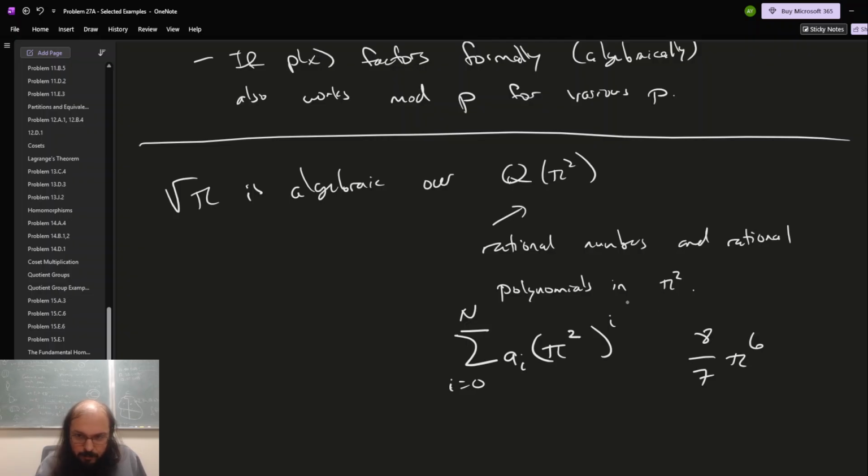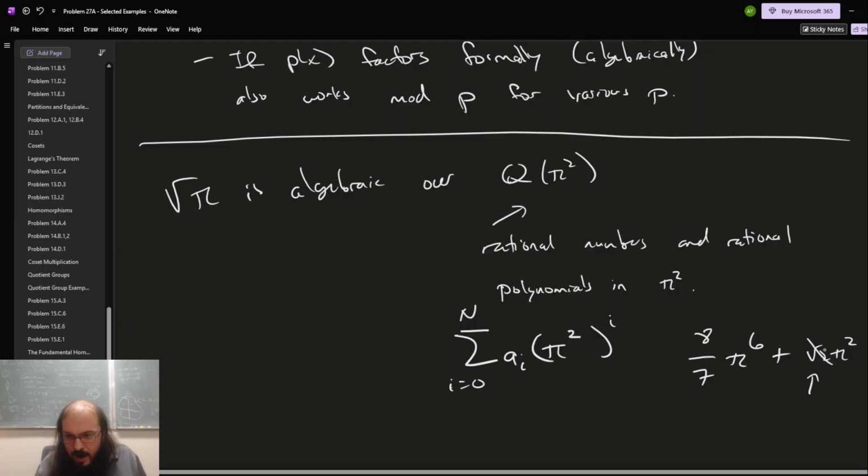This is allowed. But we can make it more complicated by adding in other things. But we can't do square root of 2 pi squared because this is not rational. That's not allowed. But otherwise, I could make it more complicated with 14 over 3 pi to the 8, right?